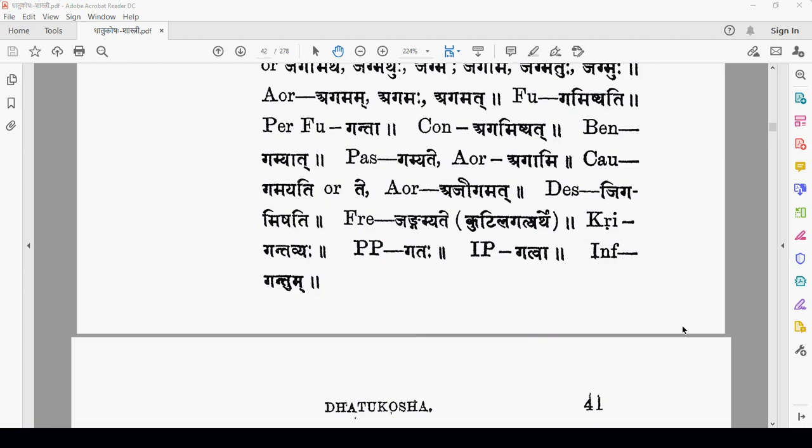So likhita, let's say likhita. If you go to likh, the dhatu here, you will see the past participle there, likhitah. So likhita, the past participle, is the passive voice.